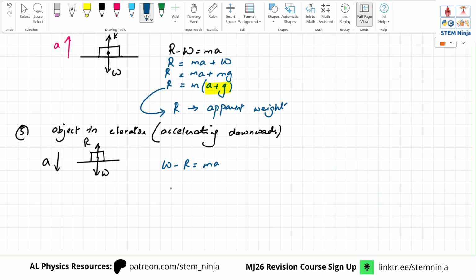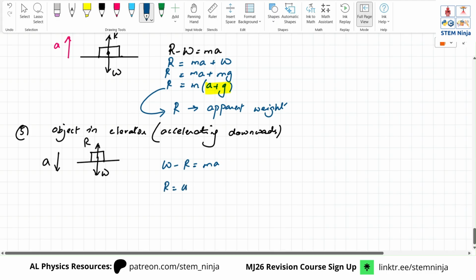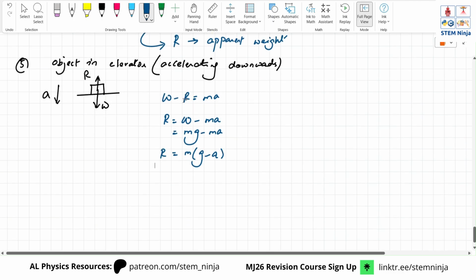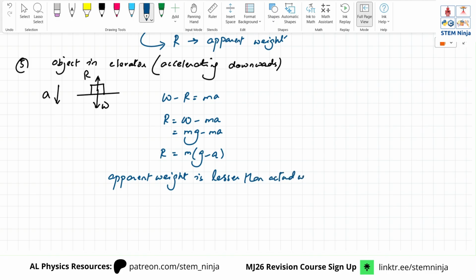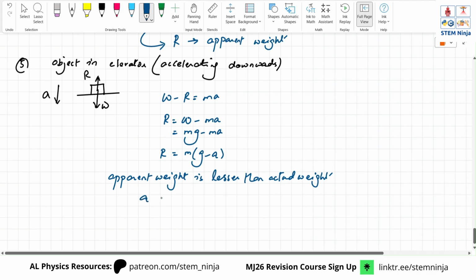So when you rearrange, you would see that R is now W minus ma, or mg minus ma, and this would be m(g minus a). So this is your R. That means your apparent weight is lesser than actual weight. So you will feel lighter. A person would feel lighter going down.